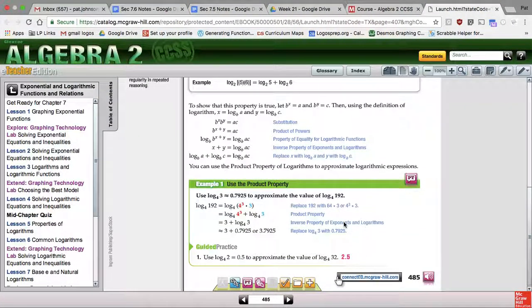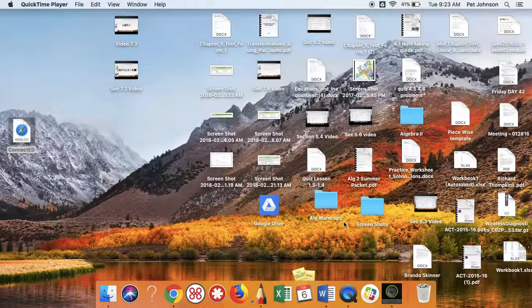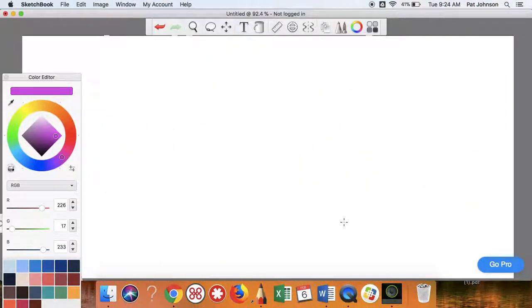It says use log base 4 of 3 approximately equal to 0.7925 to evaluate log base 4 of 192. So we're going to do log base 4 of 192. First of all, I'm going to take 192, and what they did is they factored it to say 64 times 3.